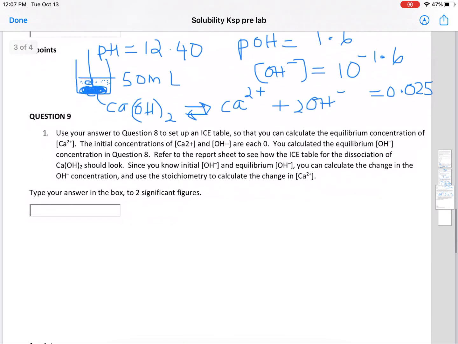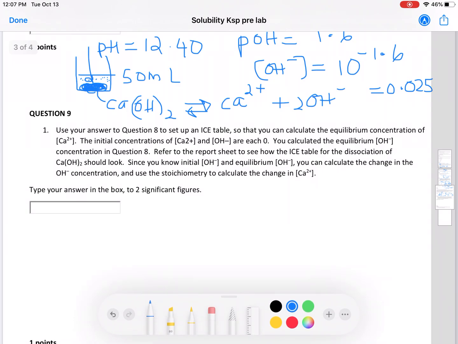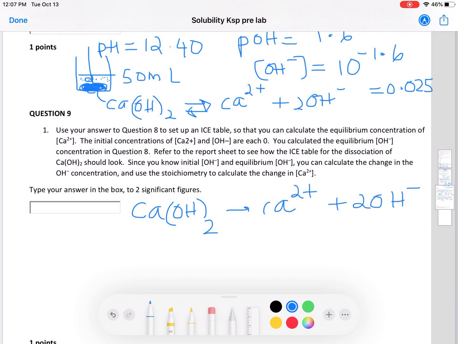And then question 9, use your answer to question 8 to set up an ICE table so that you can calculate the equilibrium concentration of calcium ions. So again, we have calcium hydroxide saturated solution, calcium ions and hydroxide ions. ICE table. This is a solid, so don't worry about that.